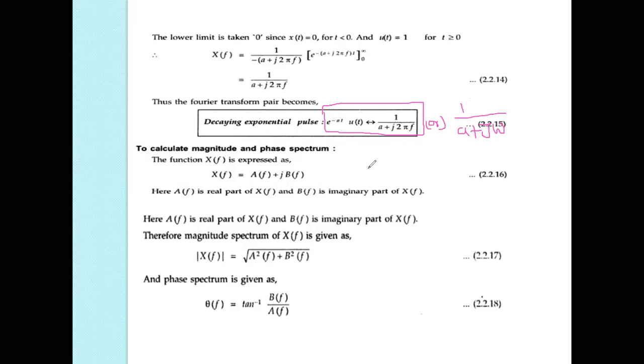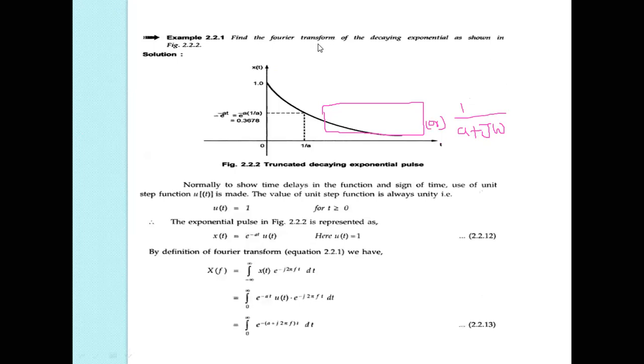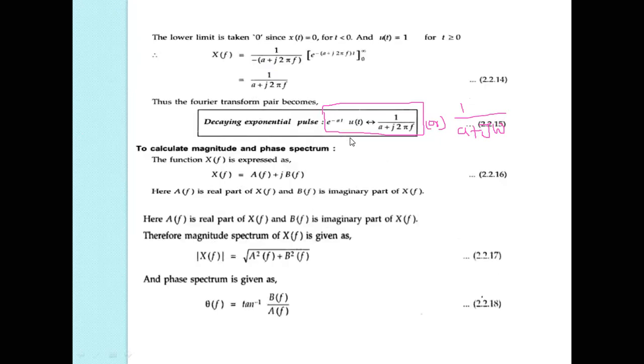Okay, my dear students. To calculate the magnitude and the phase spectrum, what they are asking here is to determine or find the Fourier transform of the decaying exponential as shown in the figure. It is completed up to this: the Fourier transformation of e power minus at u of t is 1 by a plus j omega.